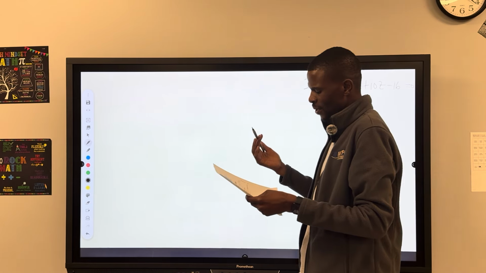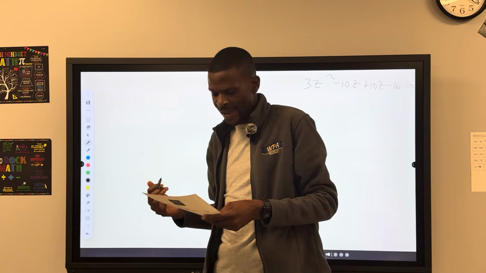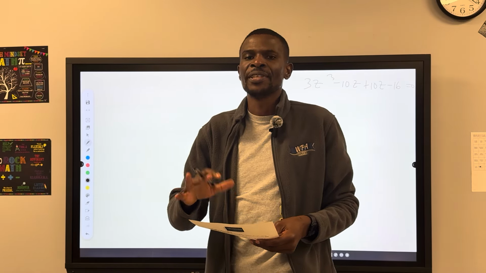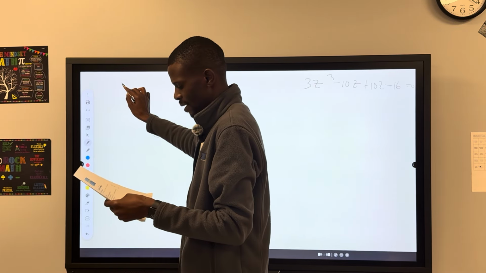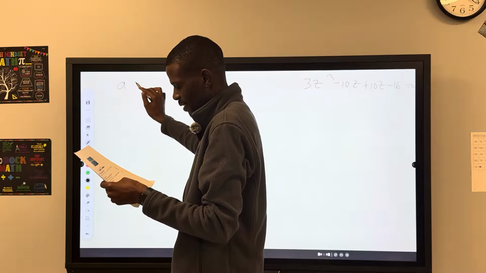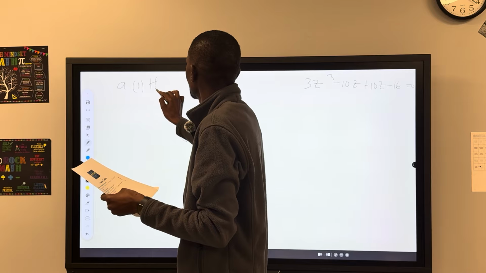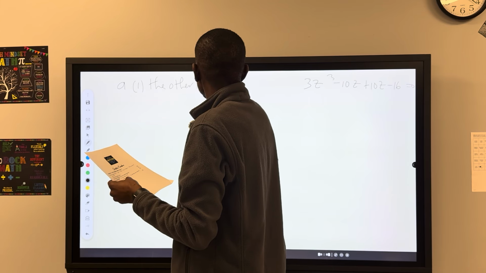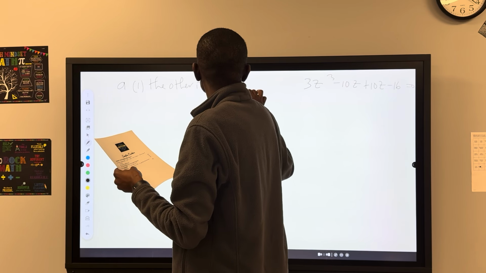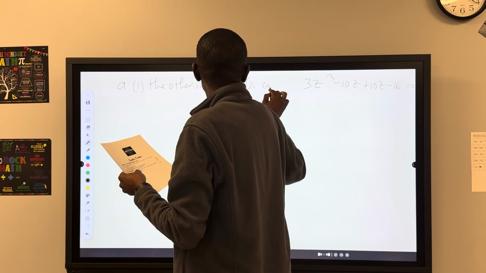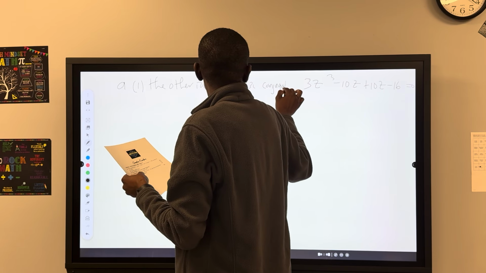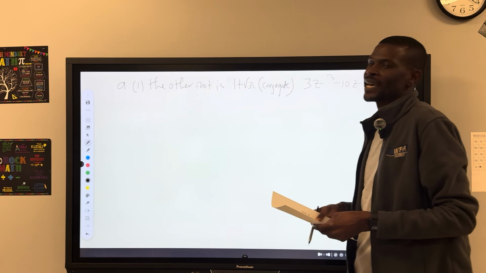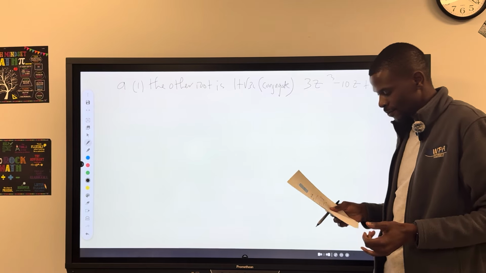So since we are given that 1 minus square root of 3i is a root, the other root here on item A is 1 plus square root of 3i, which is the conjugate. So the conjugate is the other root, right?